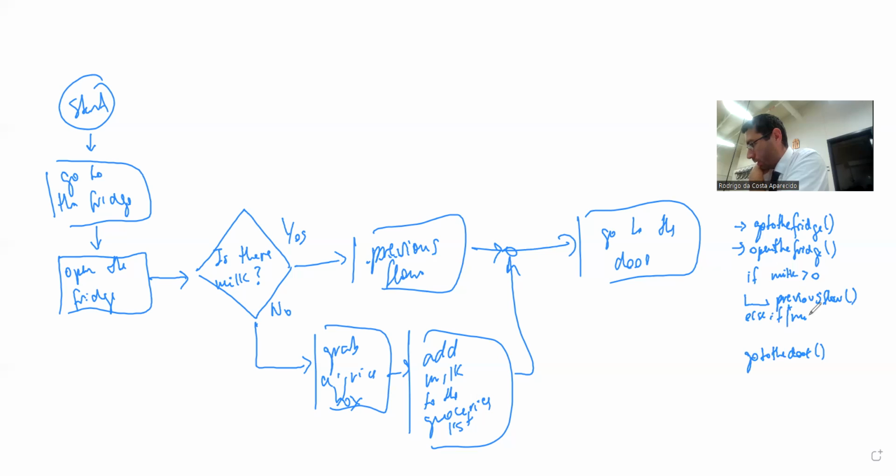Else if milk equal to 0, and then I'm going to run, if milk equals 0. Remember that you have to leave this tab, so that means this is actually inside of my else if statement.